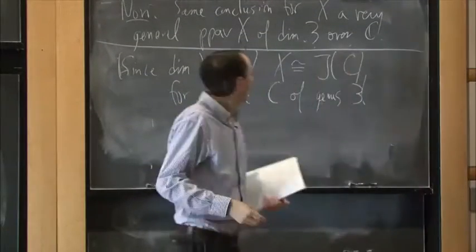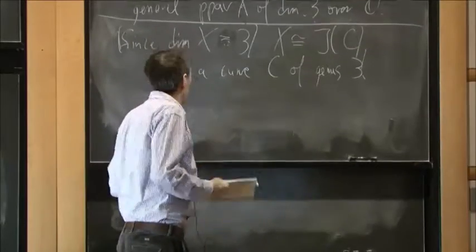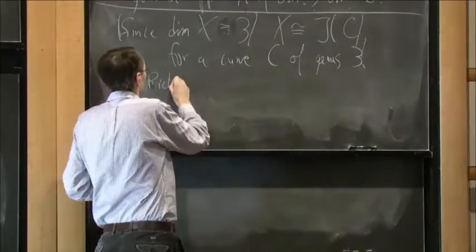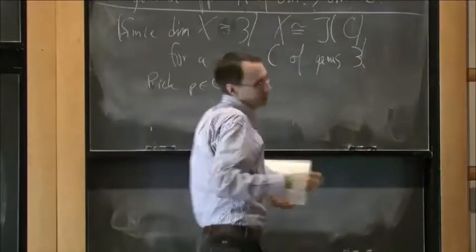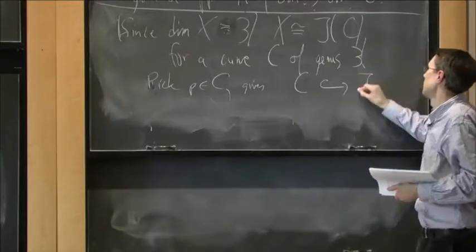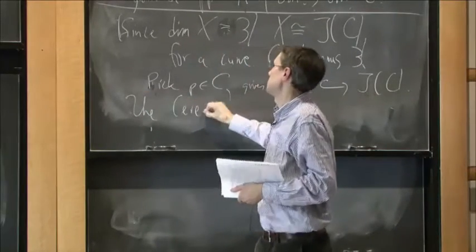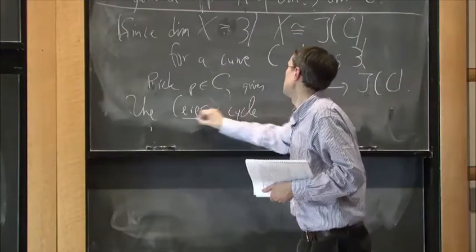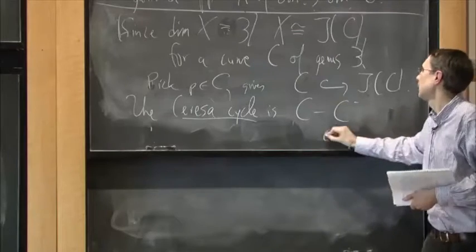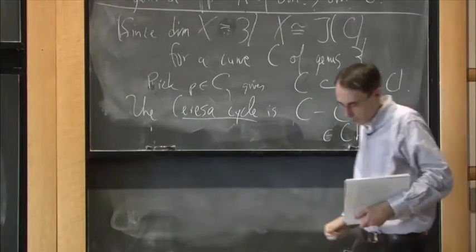So that sort of gives you a certain obvious algebraic cycle on there. There's an issue about base points, which I will try to ignore, but if you pick a point in C, then this gives an embedding of the curve into its Jacobian, and what's called the Ceresa cycle is C minus C^-, in the group of 1-cycles on the Jacobian.